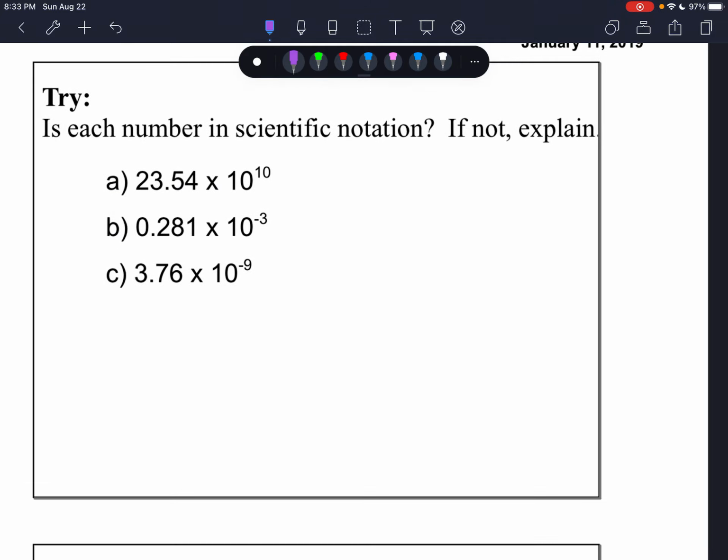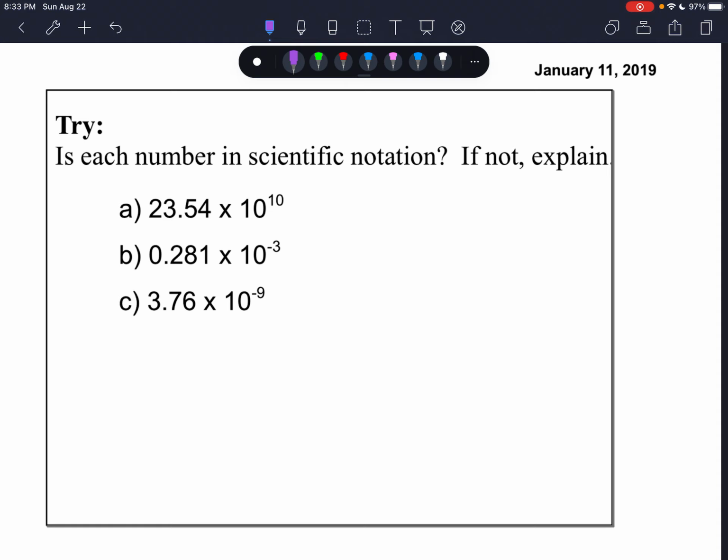This is scientific notation. It meets all of the qualifications. So now, go ahead and pause the video and see if you can correctly identify these as scientific notation or not. All right, I'm going to expect that if you're listening to this, that means you've paused the video and attempted these without me, and you're ready to check and see if you were right. Our first example was a big fat no, because 23.54 is not less than 10.